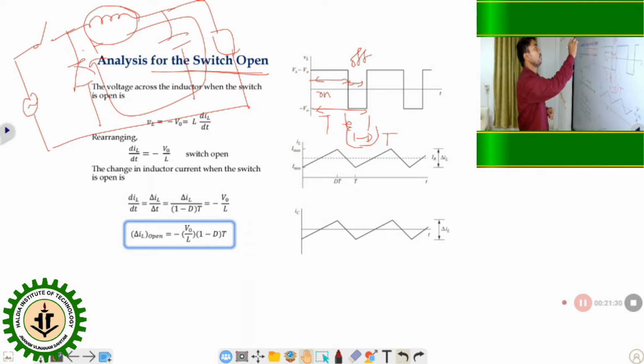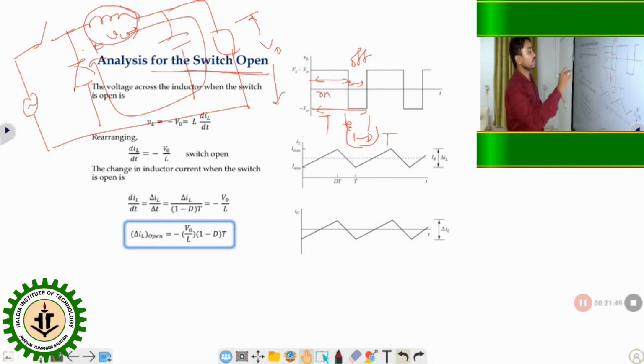So the voltage across the inductor will decrease, and it is the same as the output voltage V0. As this voltage decreases, we can say VL is equal to minus V0.